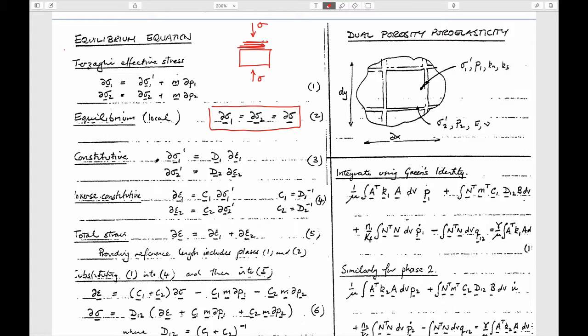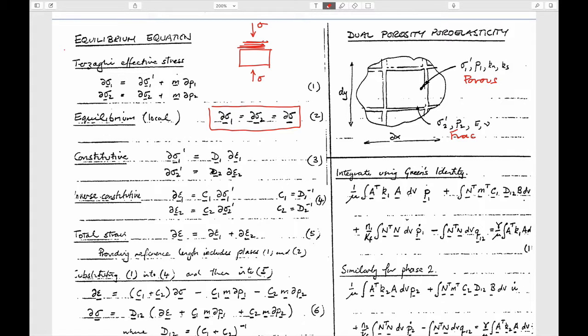We could write Hooke's law in terms of some appropriate stiffness relationship for, if this is for the porous, and this is for the fractured system, then we could write them in terms of appropriate terms that go into here, which we can get. And then if we do that, we can invert these.